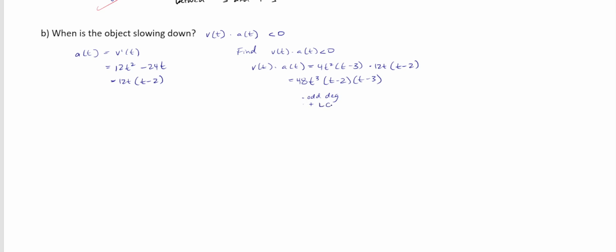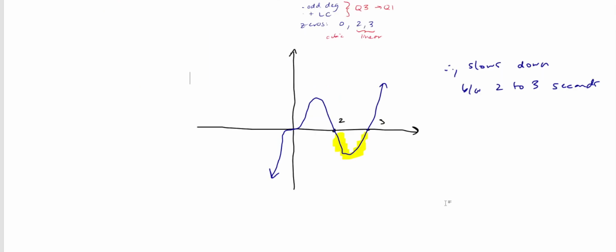It's got a positive leading coefficient, and I've got zeros at 0, 2, and 3. This one is a cubic, and these ones will be linear. I know I'm going from quadrant 3 to quadrant 1 because it's odd degree with a positive leading coefficient. So take a second, graph it, and see if you can come up with the answer.